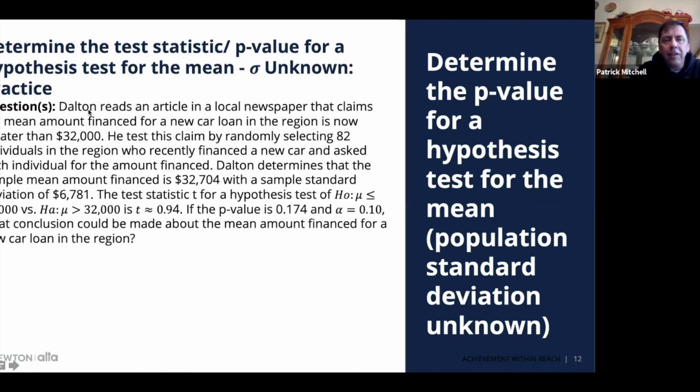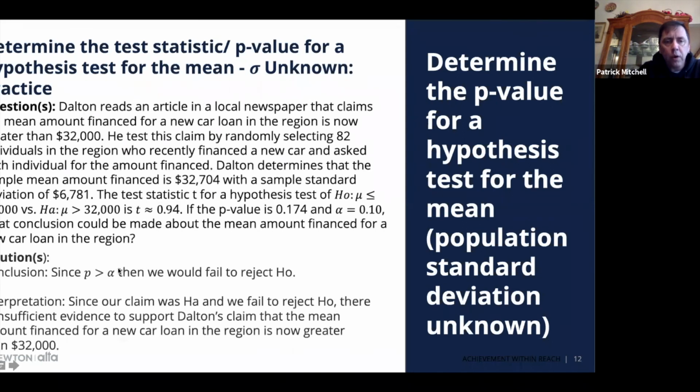So Dalton's claim is the alternative hypothesis. This time, we do not have enough evidence to support that claim. We are going to fail to reject the null hypothesis. So that means there is not sufficient evidence to support Dalton's claim that the mean amount financed for a new car loan in the region is greater than $32,000.